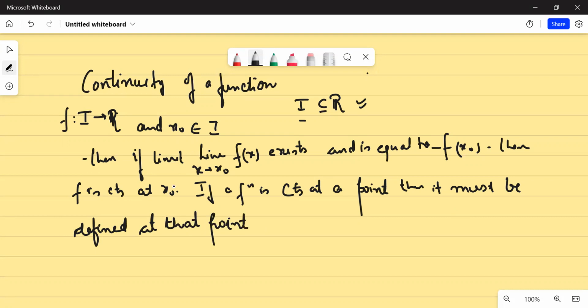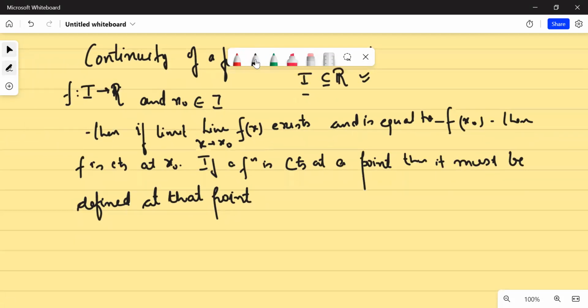Because if at that particular point x naught my function is not defined, then my function will not be continuous. I'll give you several examples to illustrate this. Is that fine? In other words, limit x tends to x naught, f of x should be equal to f of x naught.